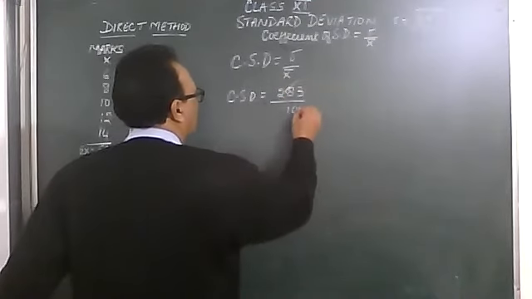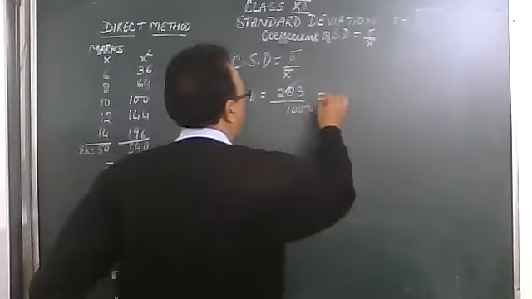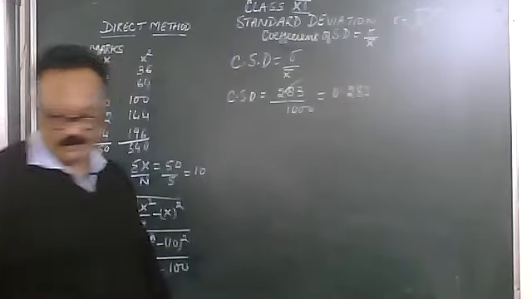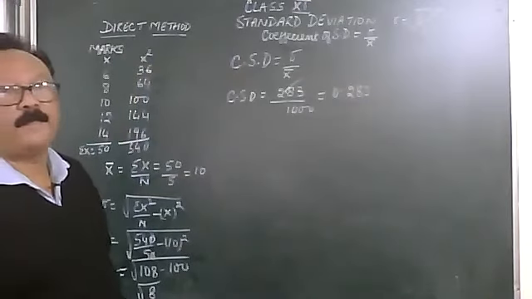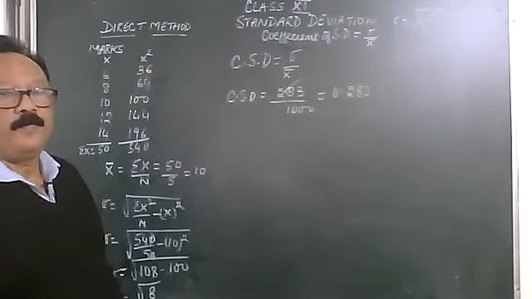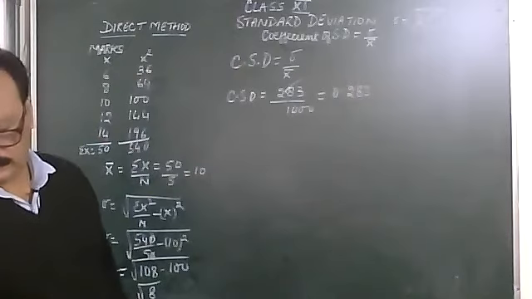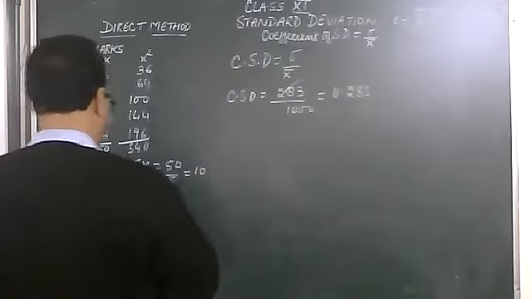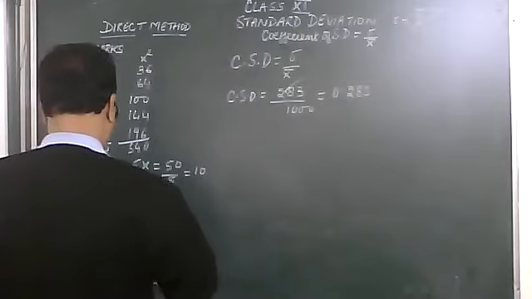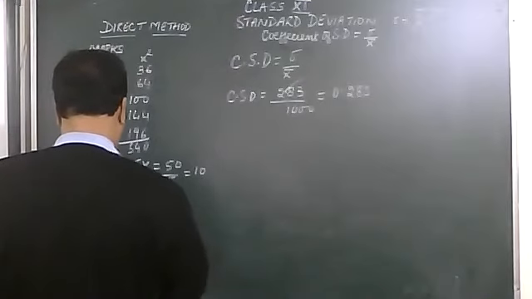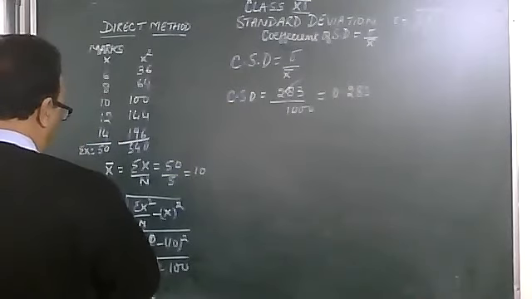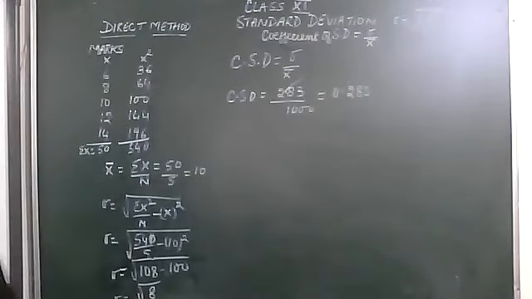To remove these, put 2 zeros here. That will be equal to 0.283.